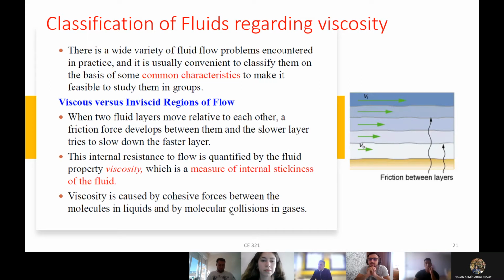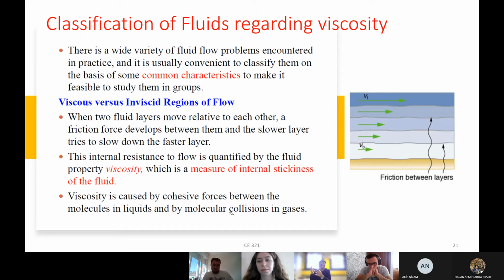Now I'm going to talk about the classification of fluids regarding viscosity. There is a wide variety of fluid flow problems encountered in practice, and it is usually convenient to classify them on the basis of some common characteristics to make it feasible to study them in groups.